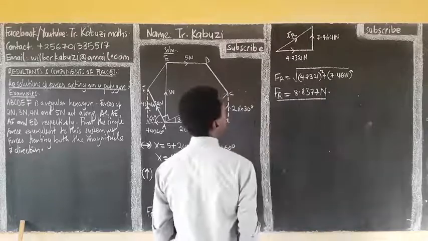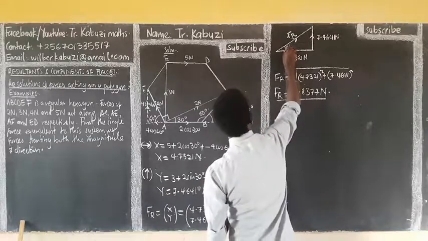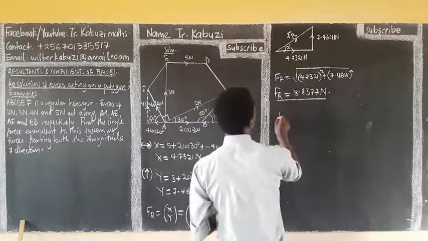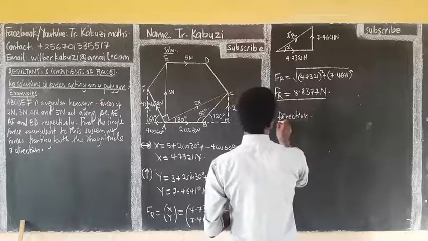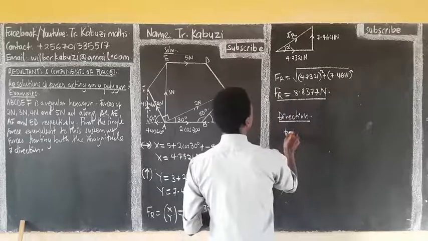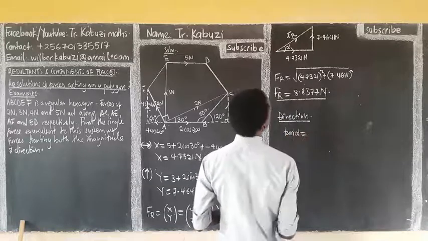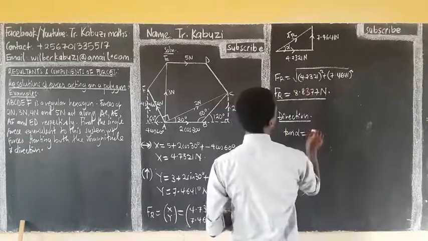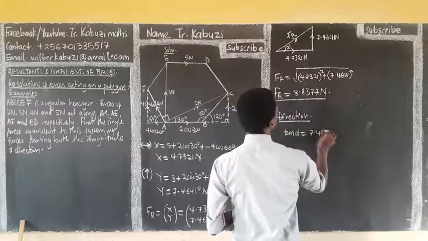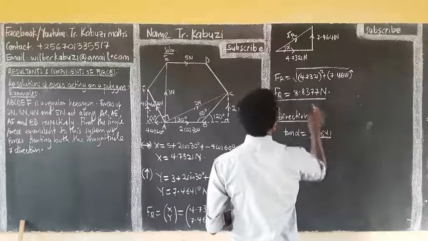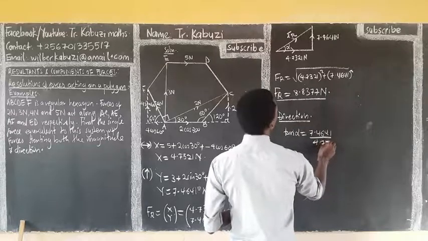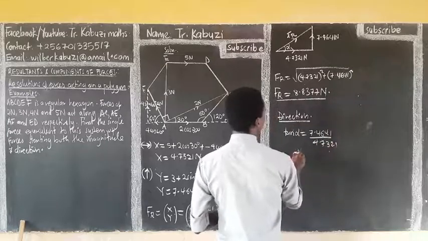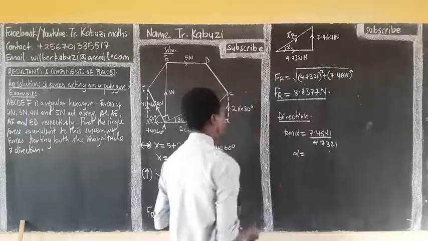Then direction, this one is going to be our direction alpha. So we said always the direction, get our tan alpha equal to the opposite over adjacent, 7.4641 over 4.7321. So our alpha will be now getting a tan inverse on that.